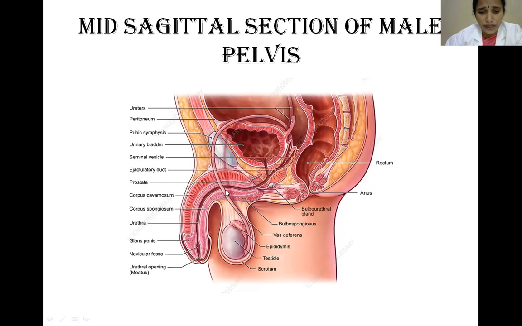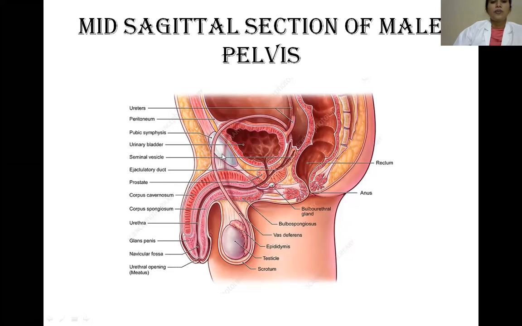And this one is the penis consisting of corpora cavernosa and corpus spongiosum. This is the bulbospongiosus muscle. Behind, you can see this is the rectum, which contains the anal canal. This is the site for the external anal sphincter.